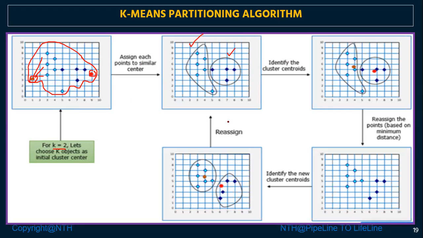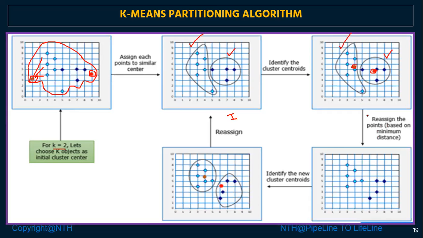The first iteration might not tell you which object belongs to which group. It is an iterative process because many permutations and combinations are possible for all the objects available in the search space. As soon as the first iteration is over, this red mark is going to be the centroid point for this particular cluster, and likewise for the other cluster.